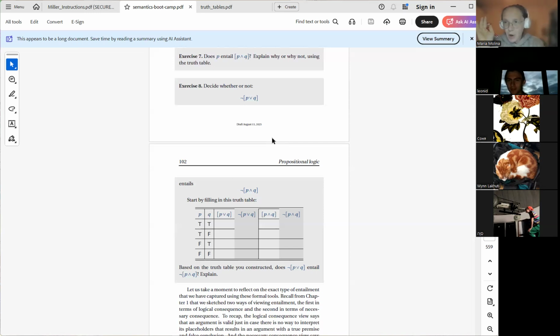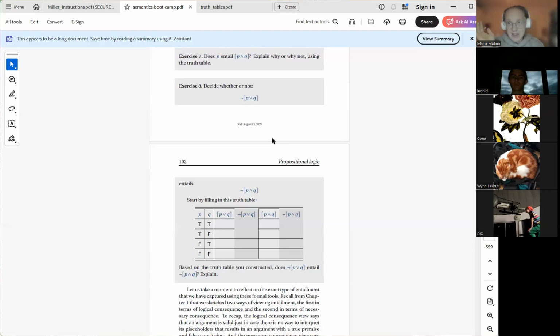Again, P or Q. If P is true and Q is false, P or Q gives us truth. For example, it's raining or it's windy. If it's raining, then the whole construction gives us truth. Okay?